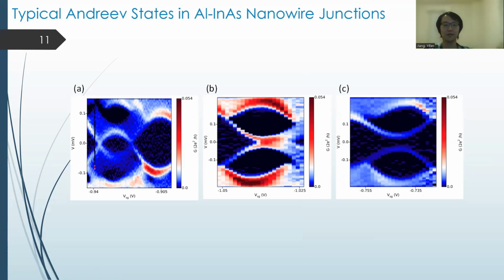By this, we believe that since we observe different kinds of zero bias peaks, they can have a value larger than 2e squared over h or smaller than 2e squared over h.